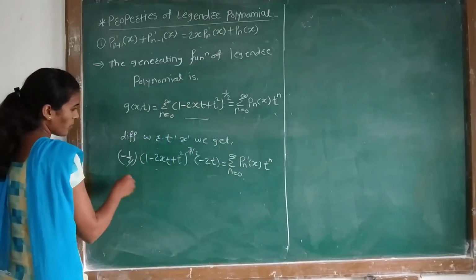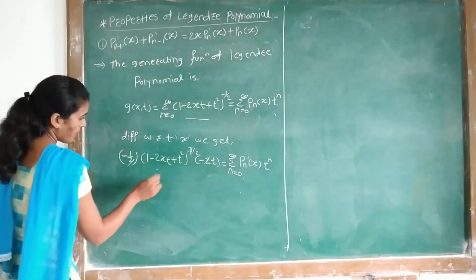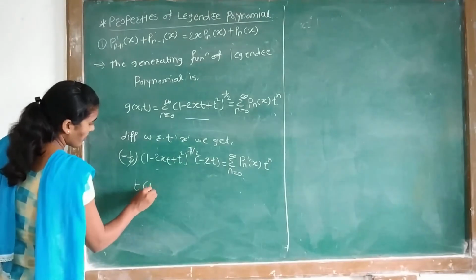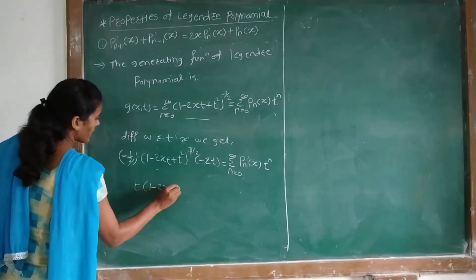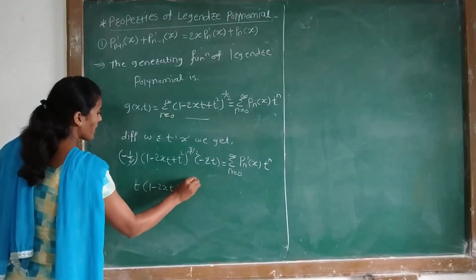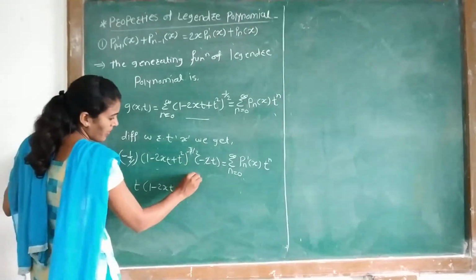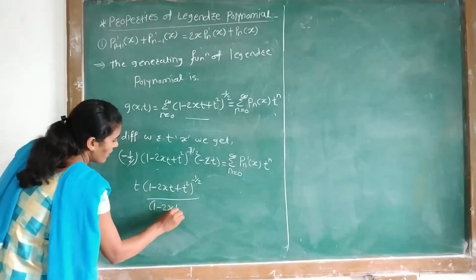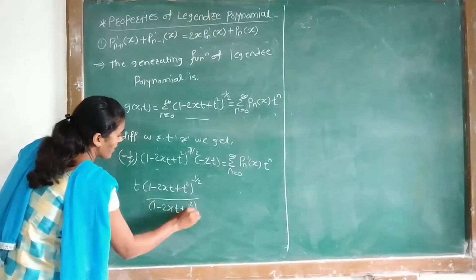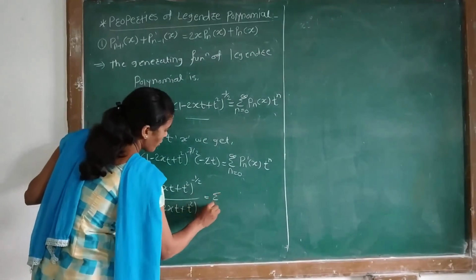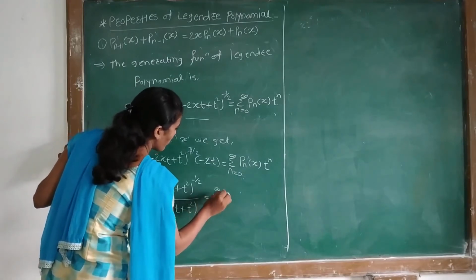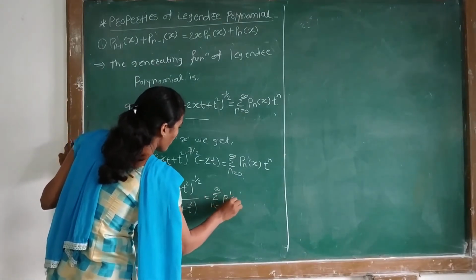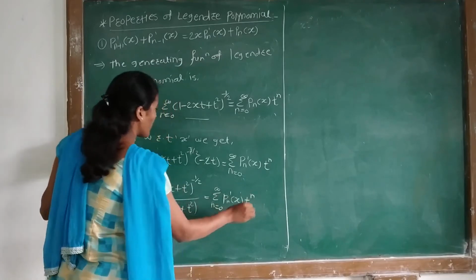Now this 2 gets cancelled here. Therefore I will write this as t into 1 minus 2xt plus t square raised to minus 3 half equal to summation over n equal to 0 to infinity Pn dash of x t raised to n.